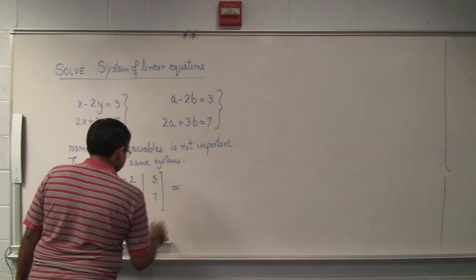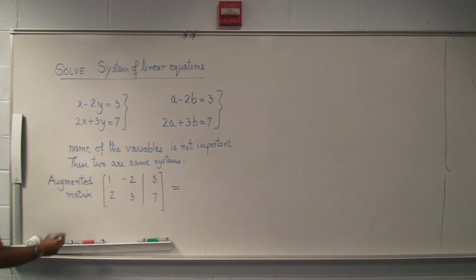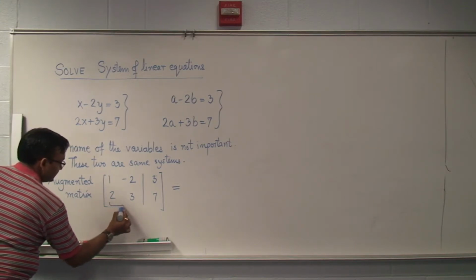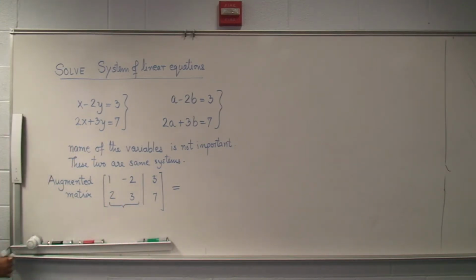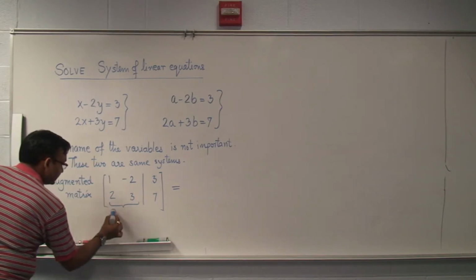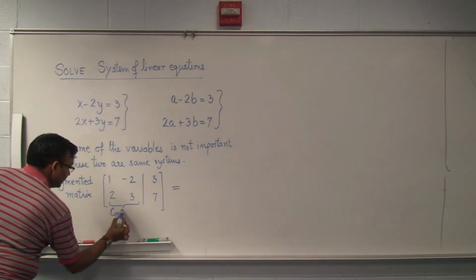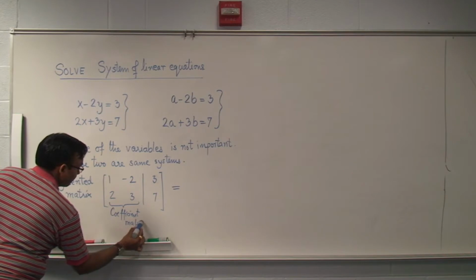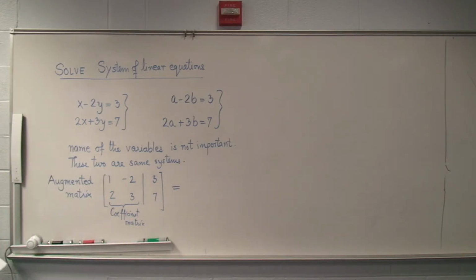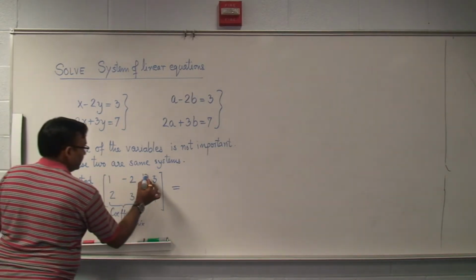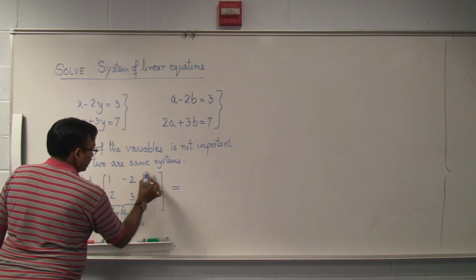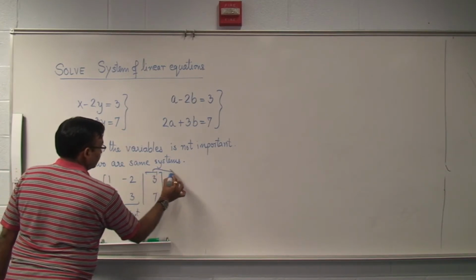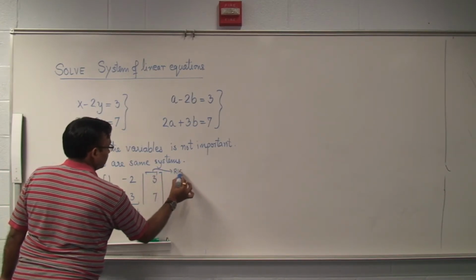In general, whenever we have a system of equations, we will be able to write it in terms of this augmented matrix. This left-hand side, we call the coefficient matrix. And this right-hand side we call the right-hand side vector.